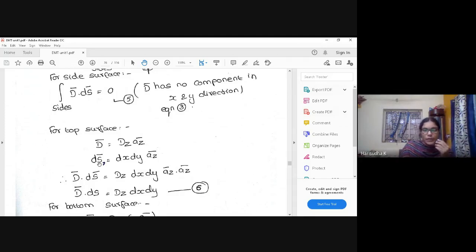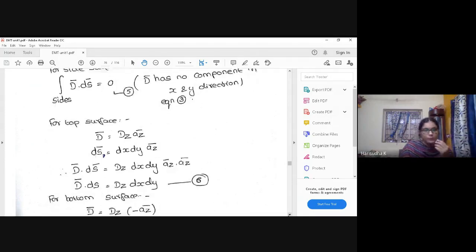In the place of dS, I have replaced dx dy into az. We know that the dot product of the same unit vector is equal to 1. Therefore, D dot dS will be equal to Dz dx dy.